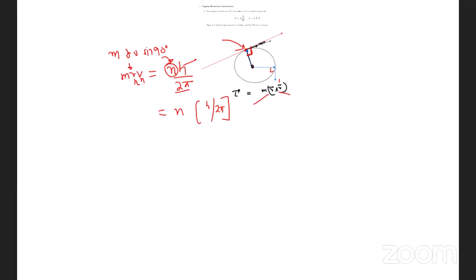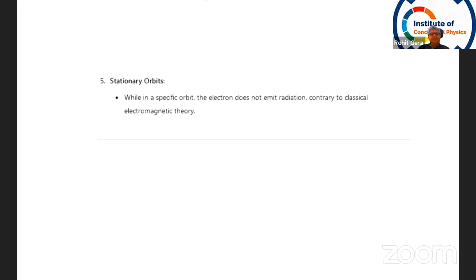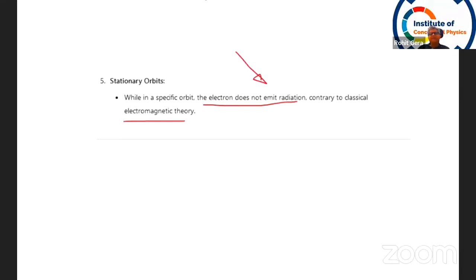What it means is the electrons do not emit radiations. The classical EM theory said EM waves are released by charges which are moving.